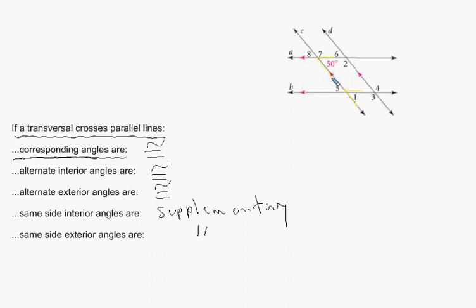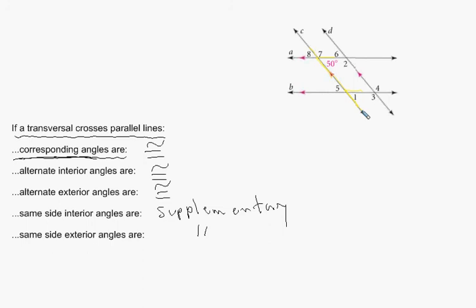I can see that these two angles are both on line C. Line C makes up part of each of these angles. So C, therefore, is the transversal, because it's the line that they have in common. And C crosses A and B, which are, of course, parallel.